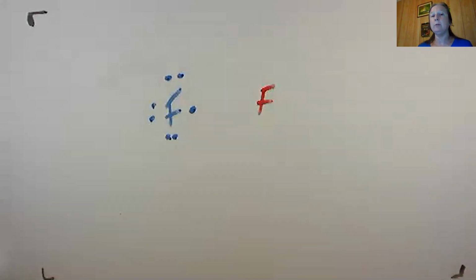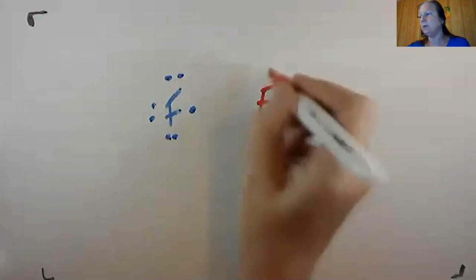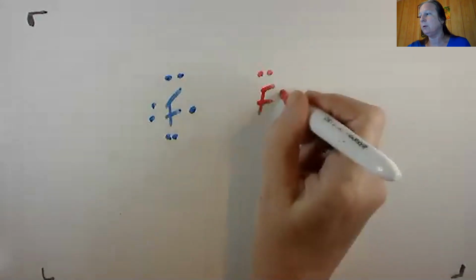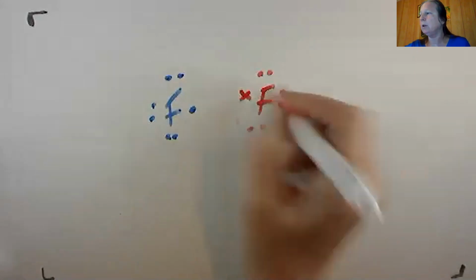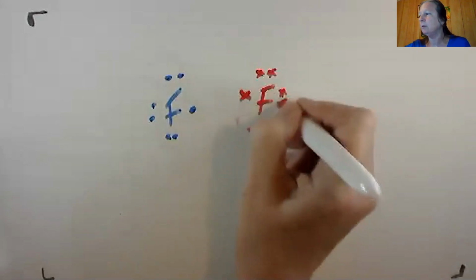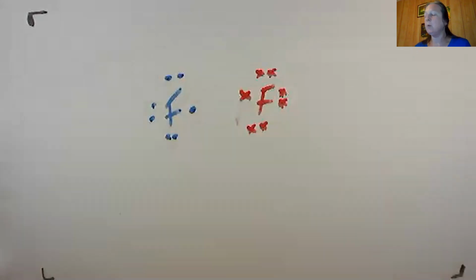These are not ions. They have not given up or taken any electrons. These are elements. We'll call his X's. So in a covalent bond, they do not give up or take electrons, they share them.